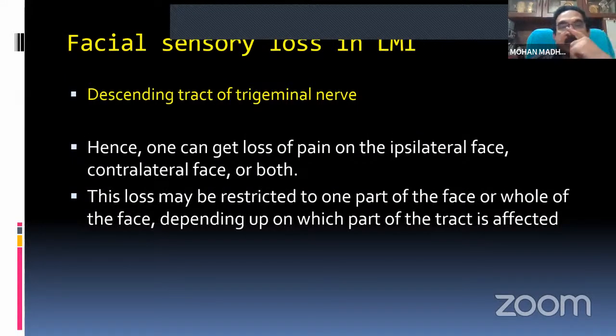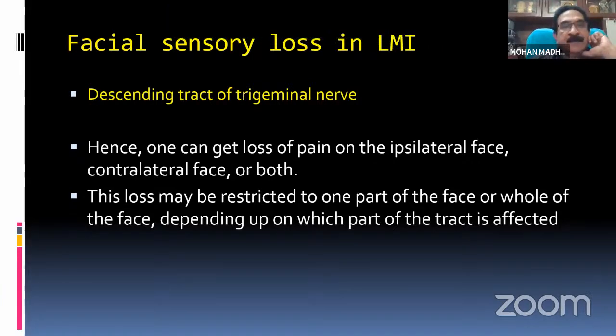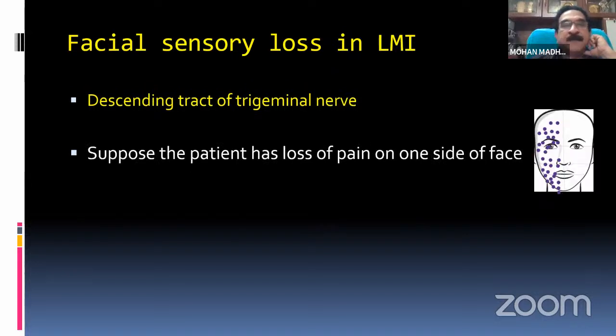Hence one can get loss of pain in the ipsilateral face, contralateral face or both, with the lesion confined to one side of the body. This loss may be restricted to one part of the face or the whole face, depending upon which part of the tract is affected. Suppose this patient has got loss of pain on one side of the face as shown here.